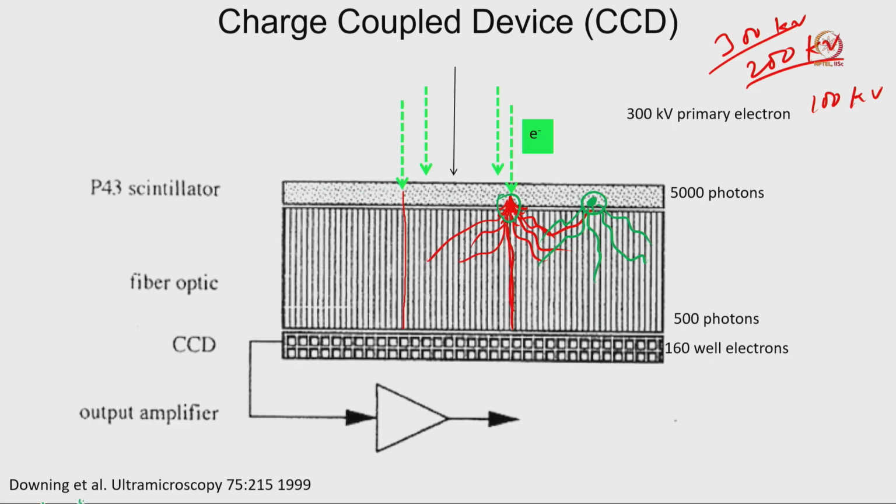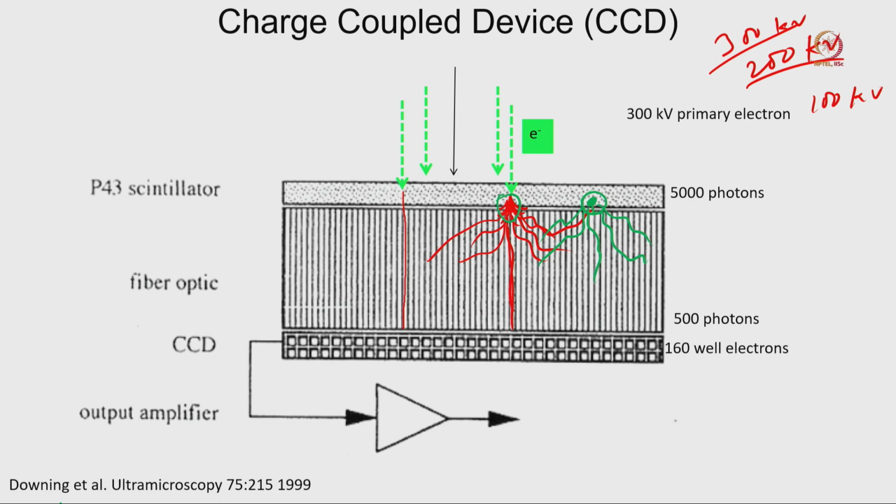So, that is one of the reasons the CCD camera, definitely it is more user friendly than photographic film, because you can continuously collect many images, and you can see them immediately, you do not have to develop in a dark room.